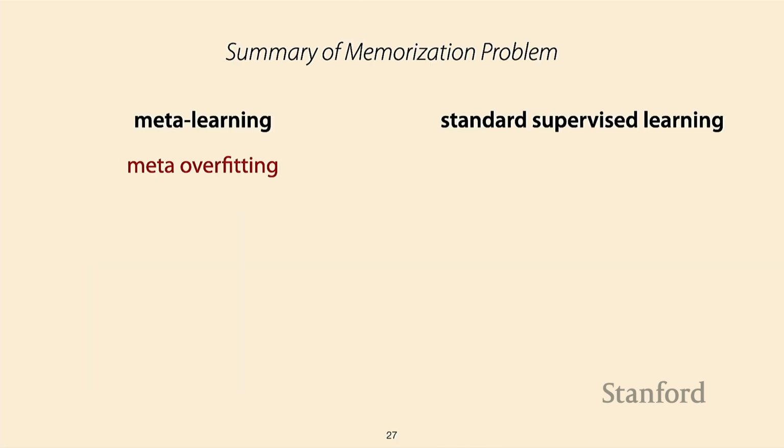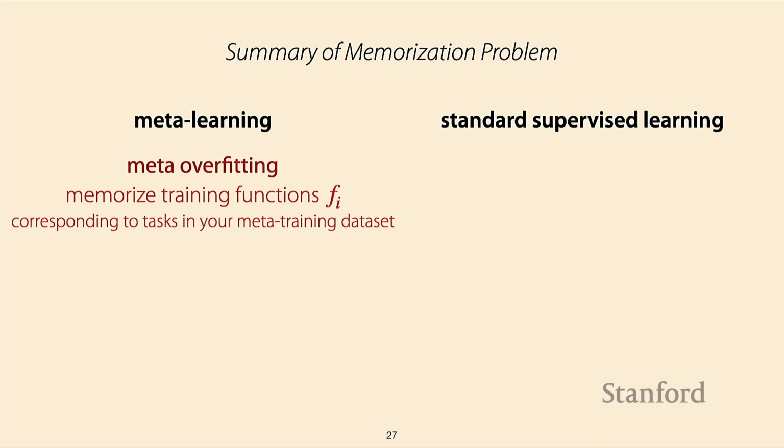Cool. So to summarize the memorization problem, we talked about this form of overfitting in meta-learning where you're memorizing a mapping from X to Y. You're memorizing the X to Y function rather than actually using the training data, rather than learning to learn.